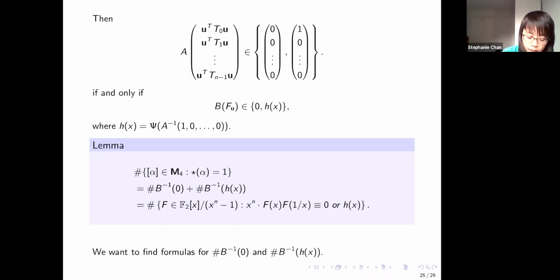So the first step, the first set B inverse of 0, we're looking at when x^n times f(x) times f(1/x) is equal to 0, and we're looking at this modulo x^n minus 1.